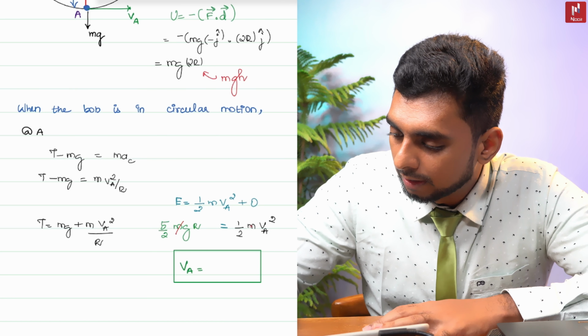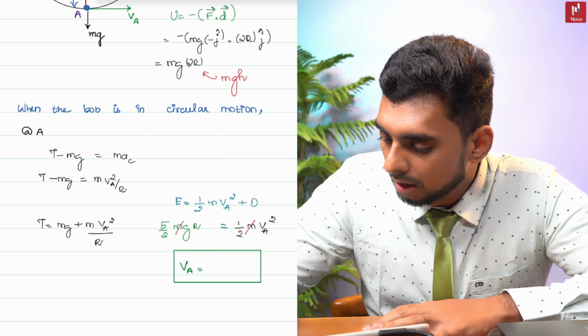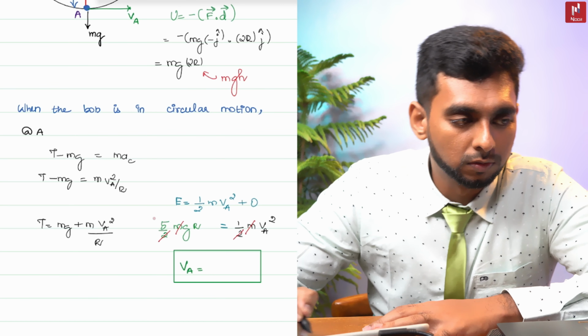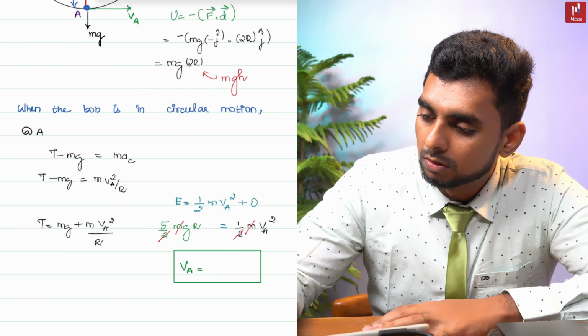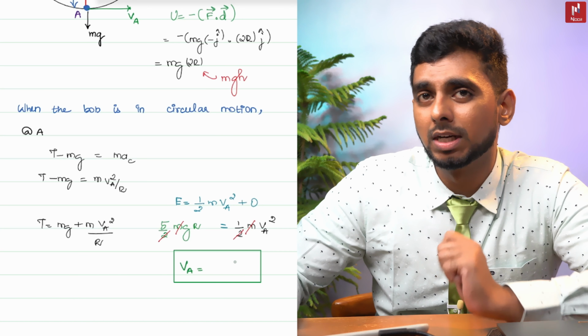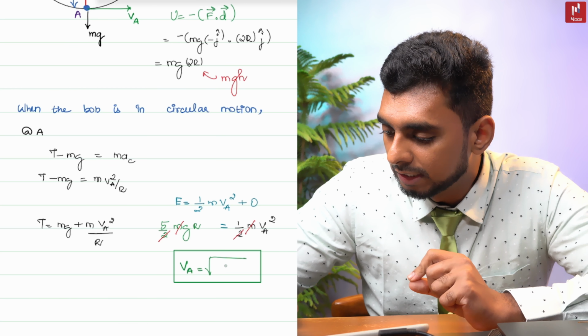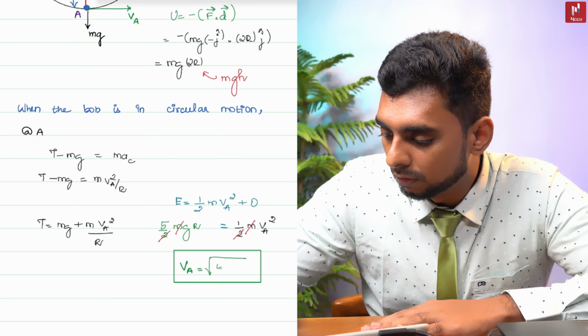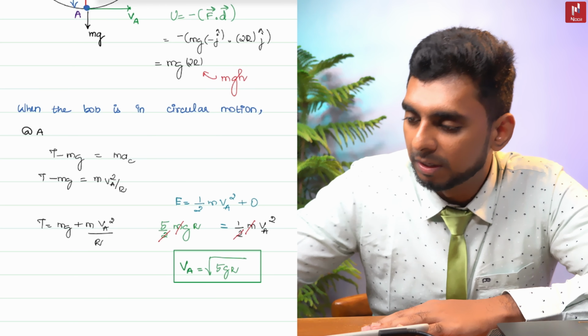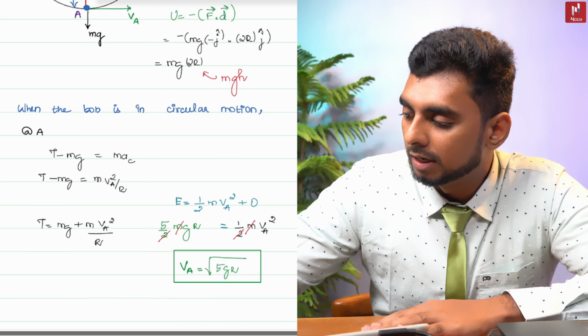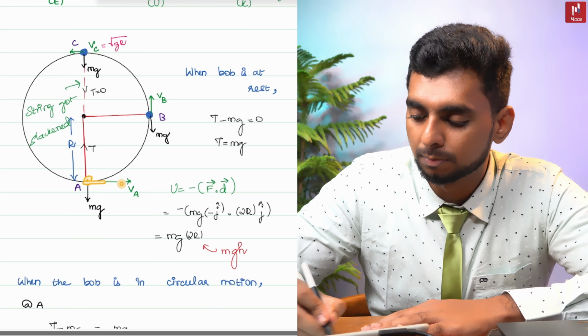So here m will get cancelled out, half will get cancelled out. So the minimum velocity with which I should push this will be equal to root of 5gr. This should be the minimum velocity with which I should actually push this bob.